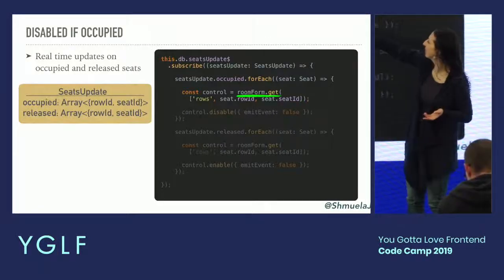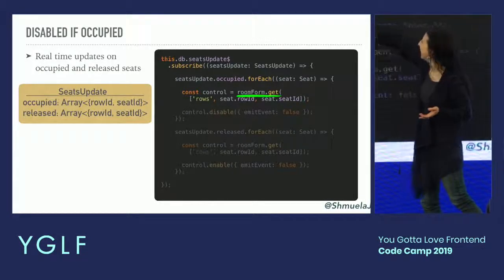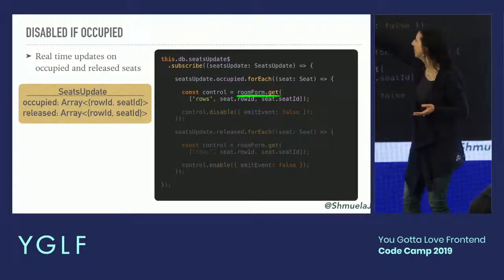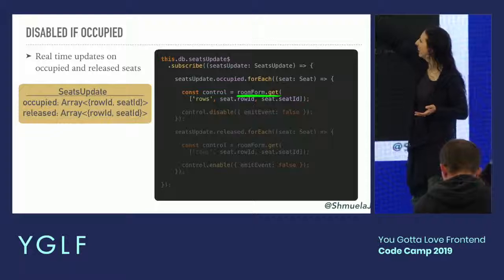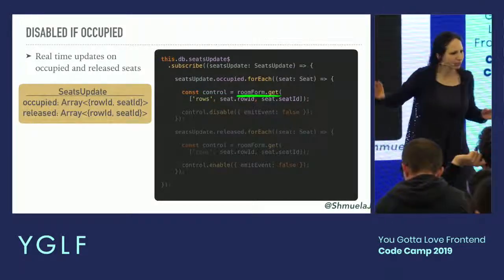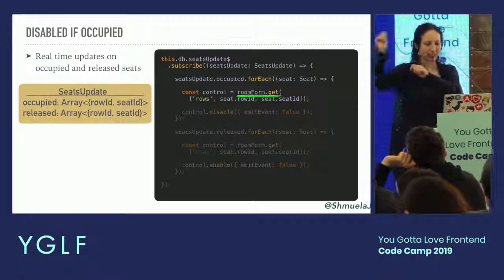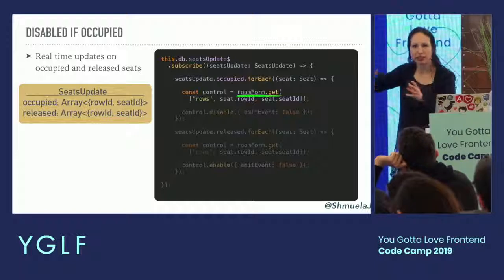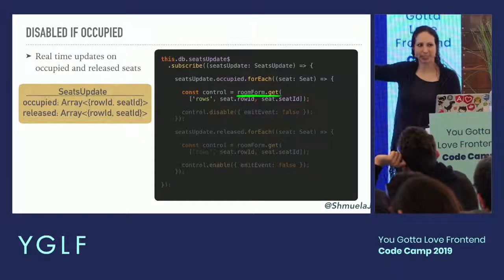I hope that you can see it well enough. So rows, the row ID, and seat ID. Yeah, it's just directly because it's an array inside one array. It's a very simple implementation.